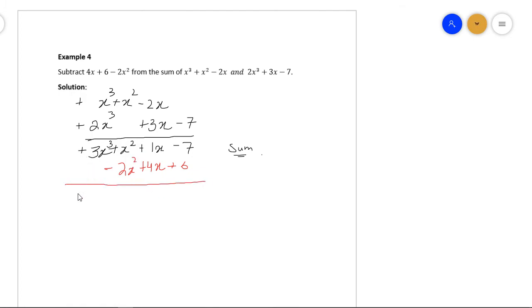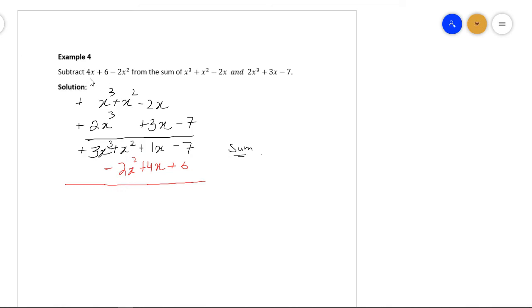Now as there is no term, we'll write 3x cube as it is with a positive sign. Okay, the nature of both these terms, x square and minus 2x square, is different, so we'll subtract them. 2 minus 1 will be 1x square with a negative sign as the greater has authority. Okay, sorry, wait, we have forgotten one thing.